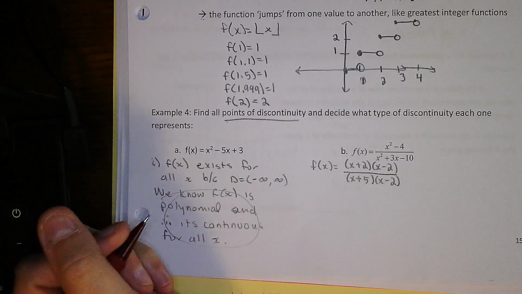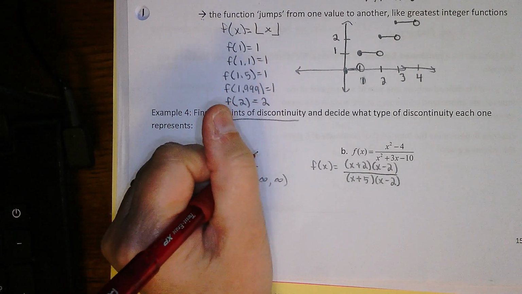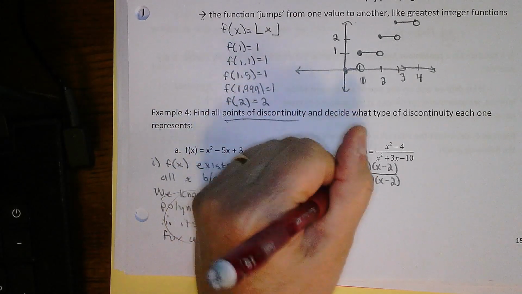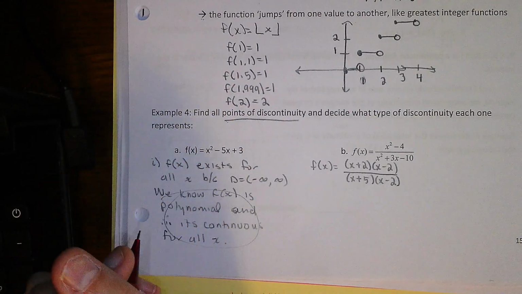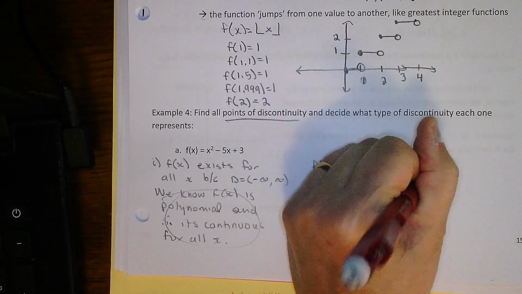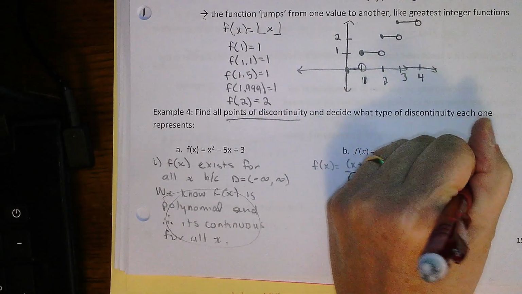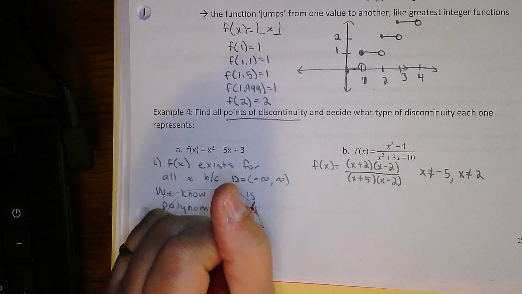All right, and after you factor, the points of discontinuity are going to show up at all numbers that are not in the domain. Why? Because of test 1. Once you factor, before you cancel, you know that x can't equal -5 and x can't equal 2, because the bottom of the fraction can't equal 0.